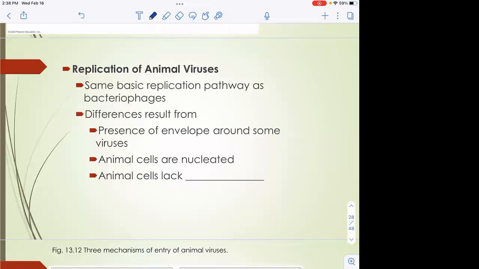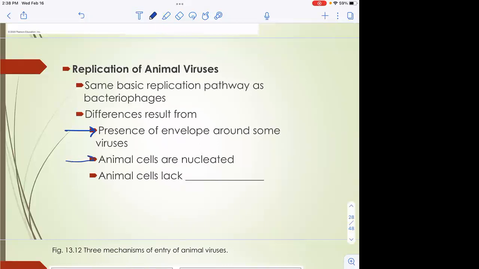It's the same basic replication pathways. We do have some differences because a lot of animal viruses have an envelope. That's going to make a little bit different how the viruses will enter the cells as well as how they'll leave. They can't just burst out all at once if they're going to grab some of the host membrane. So that usually needs to happen a little bit differently.